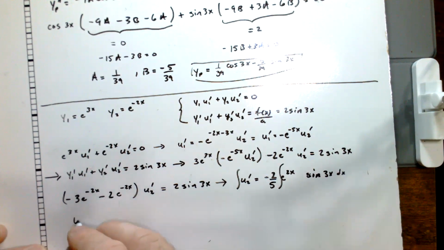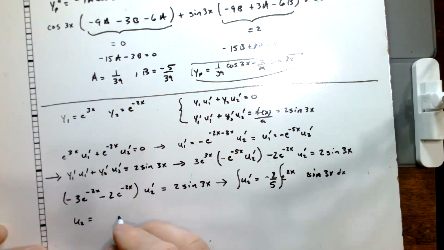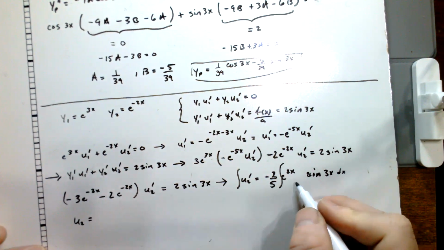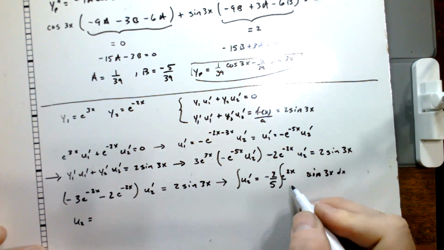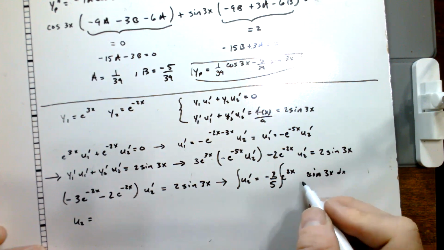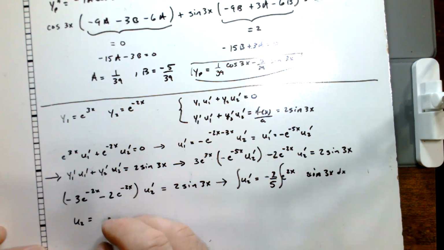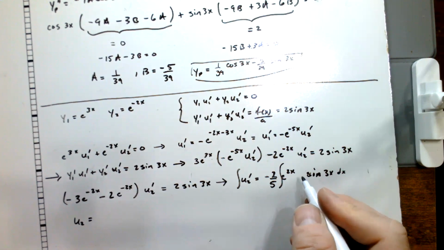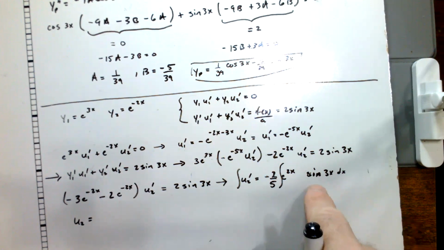And so I get u2 by integrating this. I would use integration by parts twice. And doing that, I did the integral actually in Maxima, but if I was going to actually integrate this, it's the integration by parts twice. You'll recover the original integral, and then you add that term over.